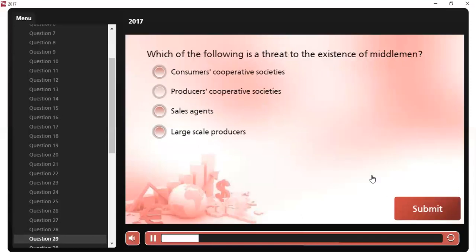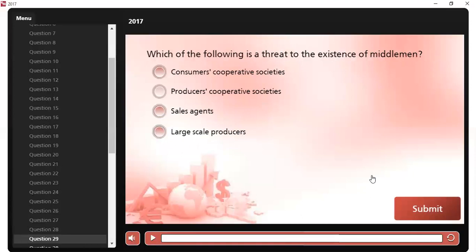Okay, question 29. Which of the following is a threat to the existence of middleman? It has to be consumers cooperative society. I said so because middlemen would not be needed in getting the goods to the final consumers.